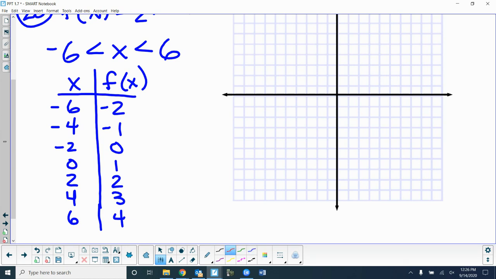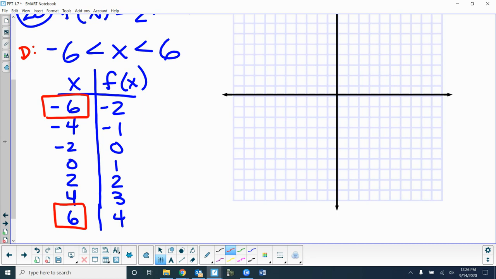Okay? Now, look at the domain. What is special about this one, -6 and +6? These symbols, what are they telling you? Don't include the -6 and 6, right? So what do I do when I plot that point on the graph? Circle, open.